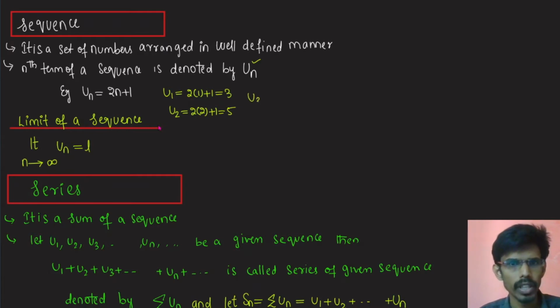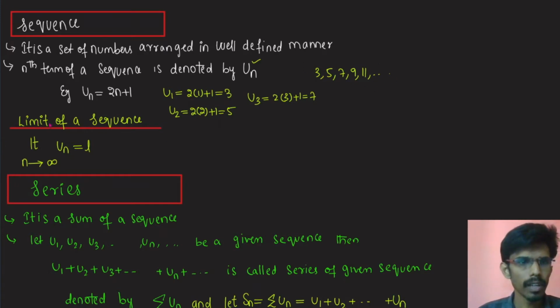If I put 3, we get u3, that is 2 into 3 plus 1, that will be 7. So the given sequence will be 3, 5, 7, 9, 11. These sets of numbers arranged in a well defined manner are called a sequence.